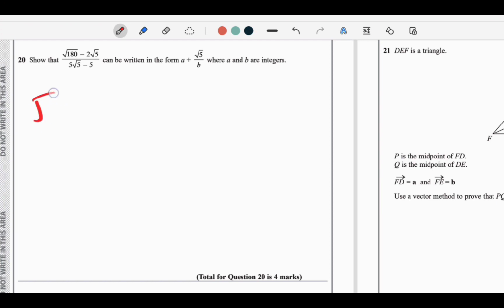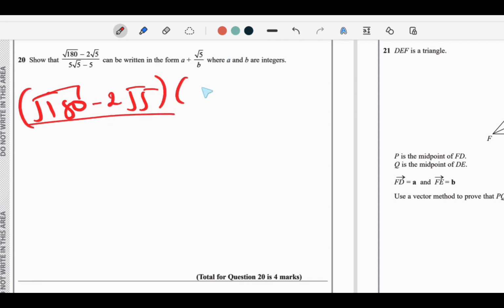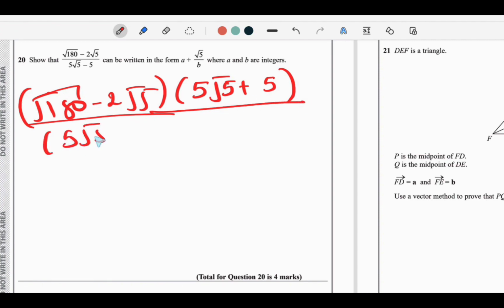So this will be root of 180 minus 2 root 5, multiply the top and the bottom by the conjugate of the bottom, so plus 5 over 5 root 5 minus 5 root 5 plus 5.